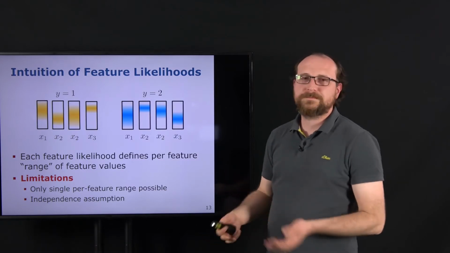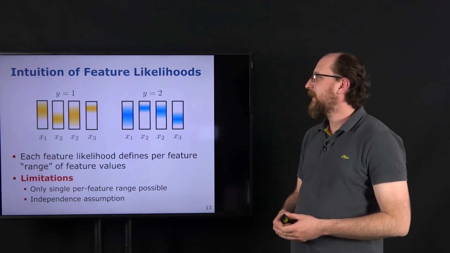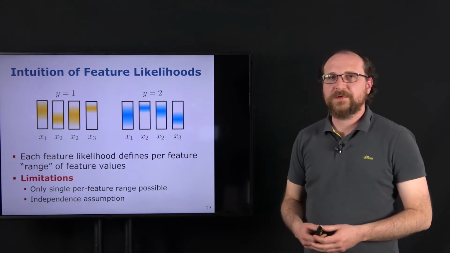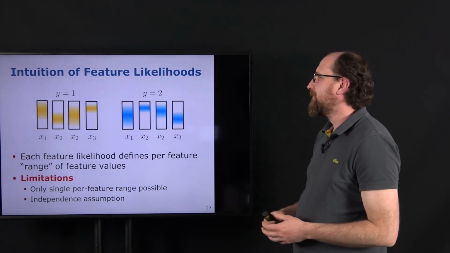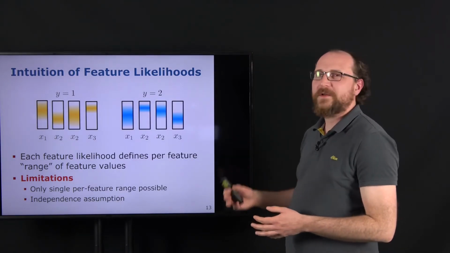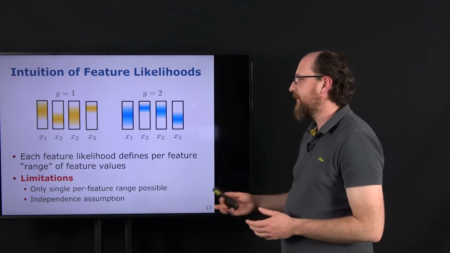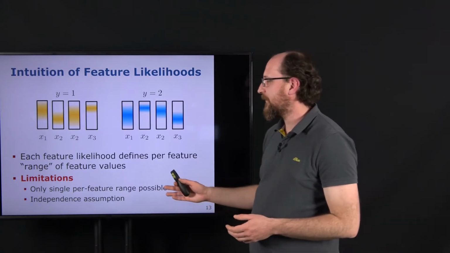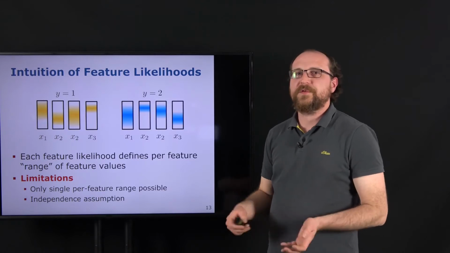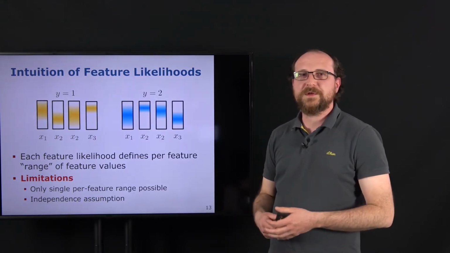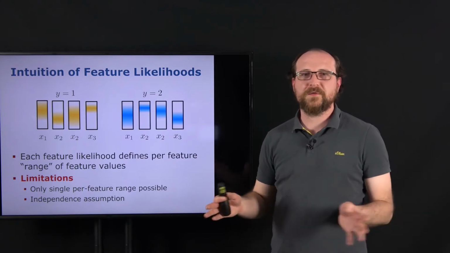But of course, naive Bayes is not always fitting, because there is no free lunch. That means the assumptions of these models will not always fit our problem. The limitations are, of course, that we can only have a single range per feature, which is what we assumed in the beginning: a normal distribution, which can only have one peak and a specific variance.